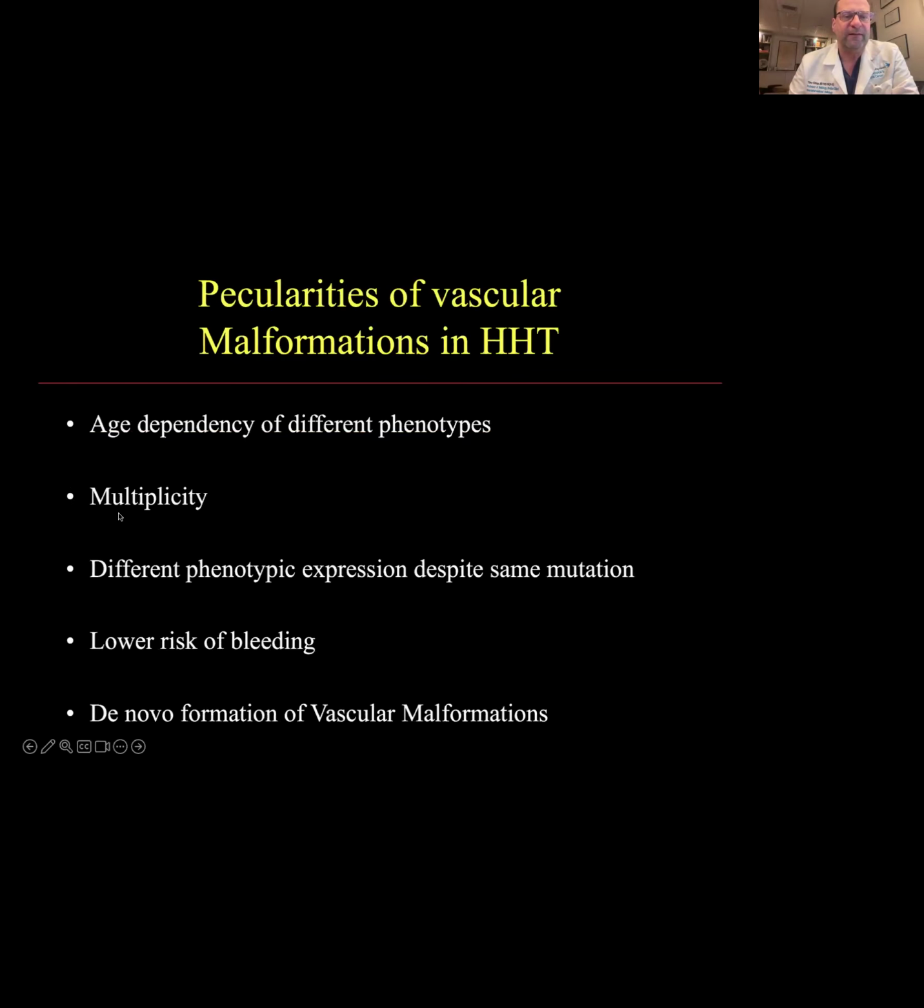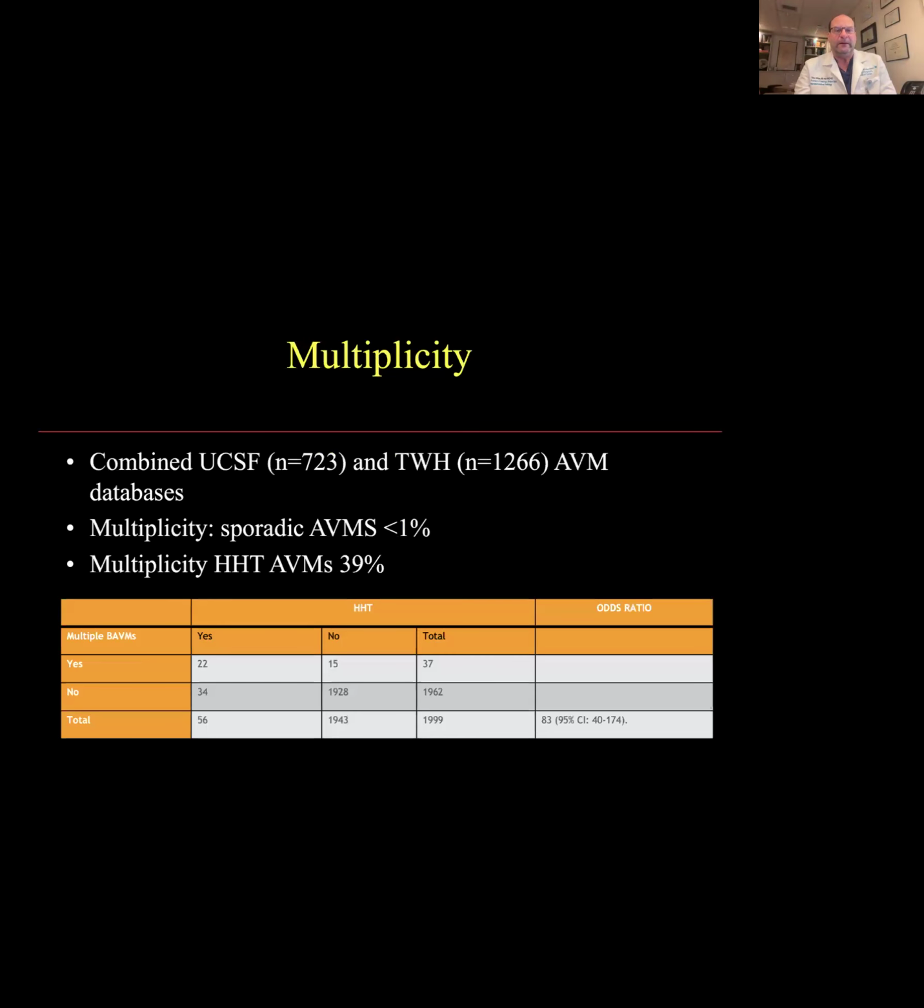Second important item, multiplicity. Multiplicity in our series combined between Toronto and UCSF in sporadic AVMs, i.e., if you don't have HHT, was present in less than 1%. In patients with HHT, multiplicity was seen in 39% of patients.